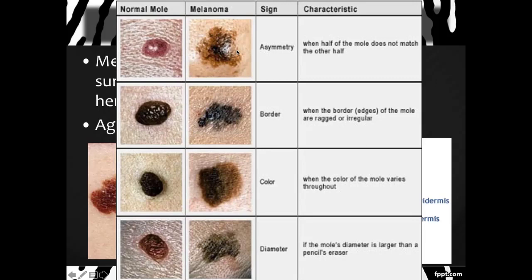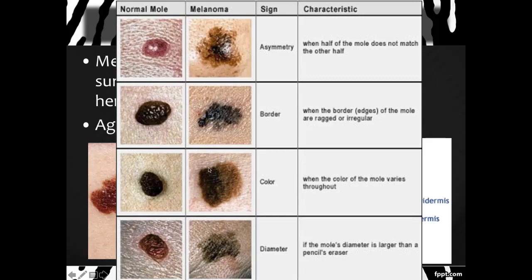So these are just signs of malignancy. You note that the asymmetry of the mole is highly suspicious. Also, when the borders are irregular or rigid, the color is not regular.